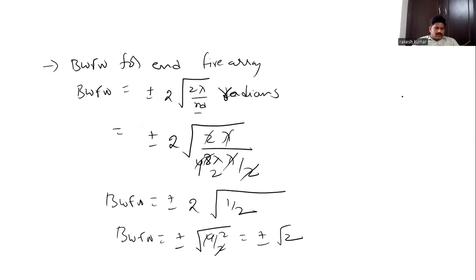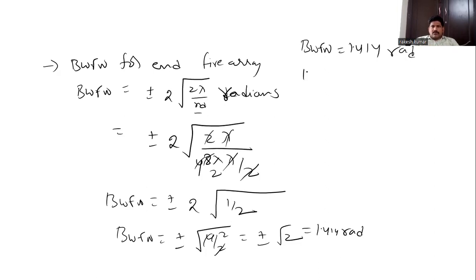The value of root 2 is 1.414 radians. So beamwidth between first nulls is equal to 1.414, in radians.